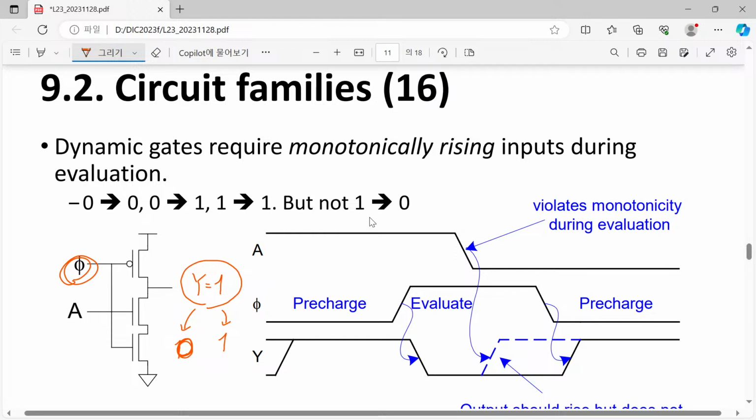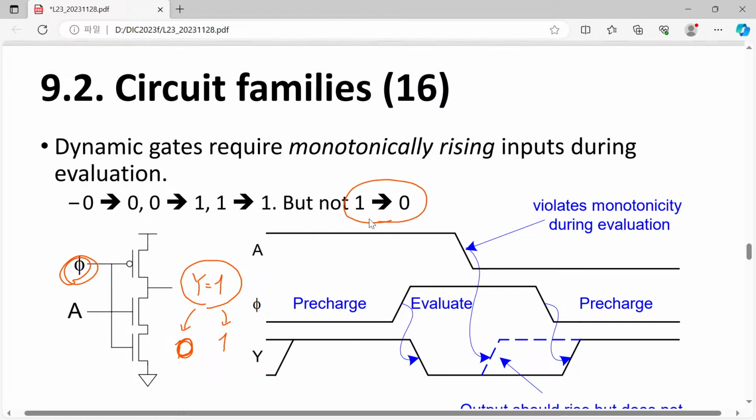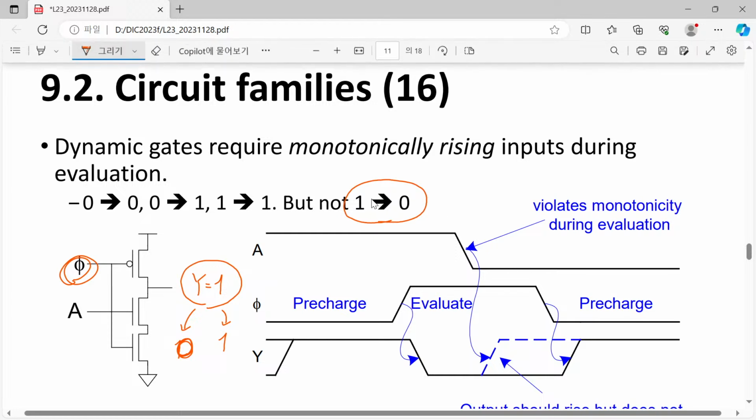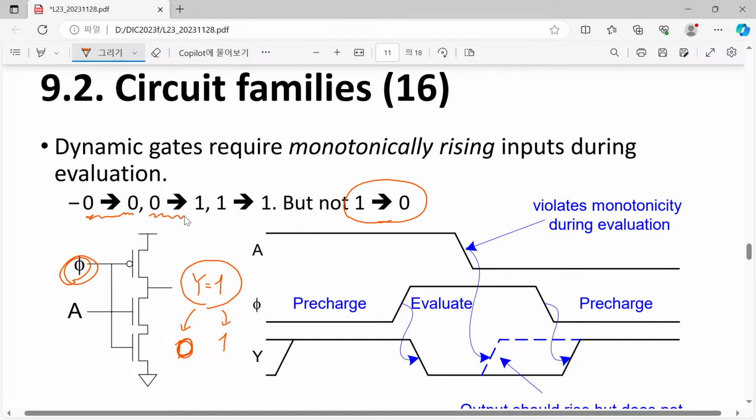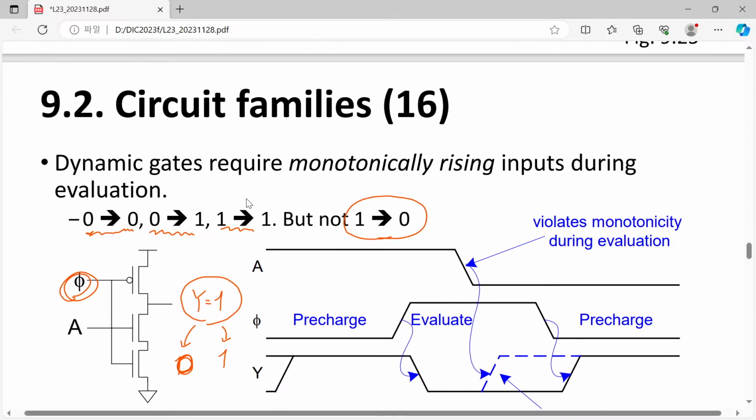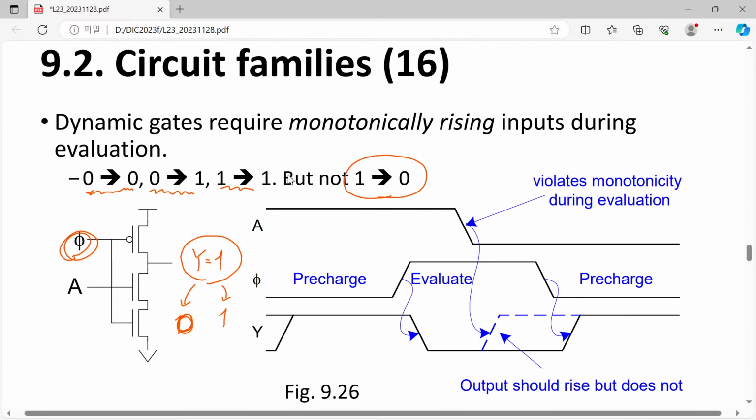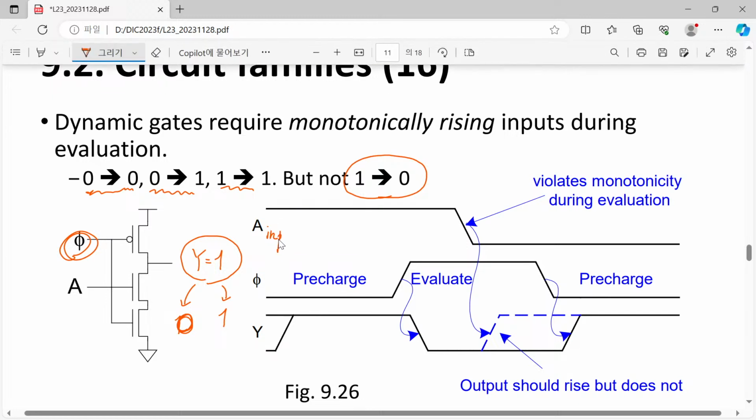However, please note the transition from 1 to 0 is not for your output, but for our input. So now think about this one. This is the input signal, and please note this notation for your input signal.